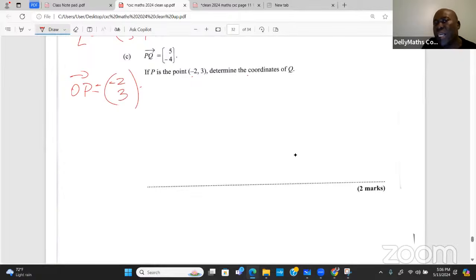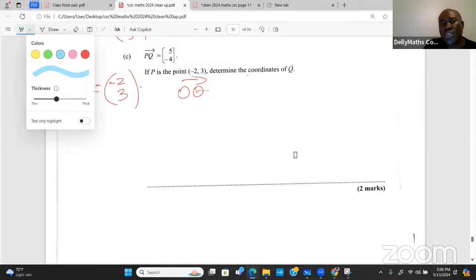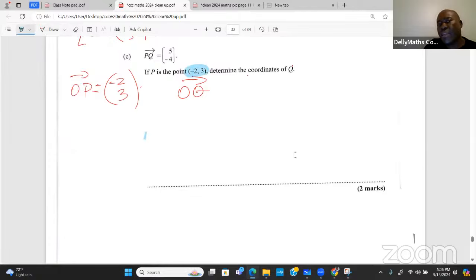Now, if they ask me for the coordinate of the point Q, all I need to do is find OQ. If I find OQ in vector form, I'm going to represent it in coordinate form for the point Q. Just as I took the point -2, 3 and turned it into a position vector OP, we can find the vector OQ and then represent the coordinate.